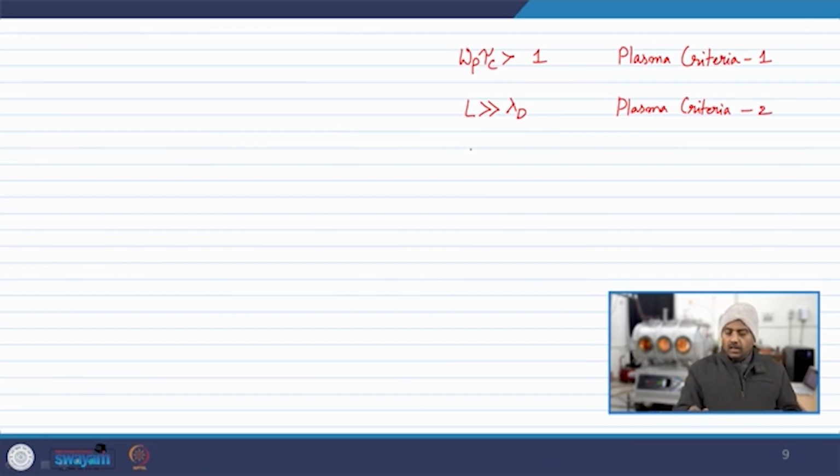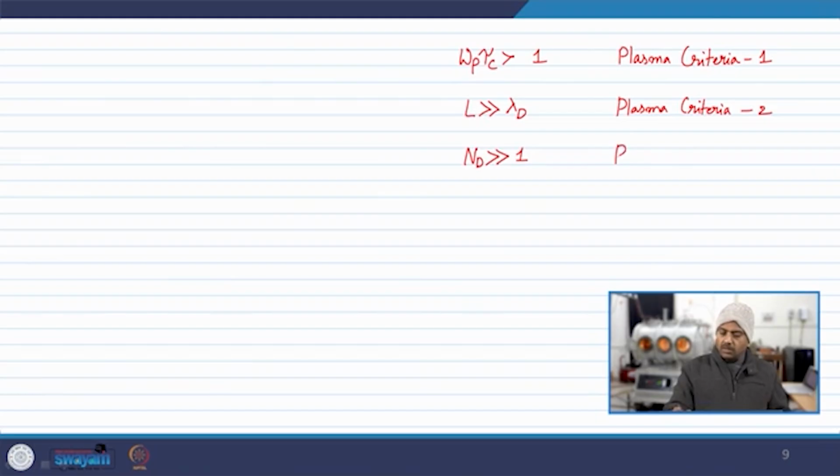And the third condition or criteria is going to be in terms of the number of particles inside the Debye sphere. So, if Nd is the number of particles in the Debye sphere, for you to call an ionized gas as plasma, you would expect the number of particles should at least be 1, right? But for reasonable plasma behavior, you would expect that the number of particles is very large in comparison to 1. Right?